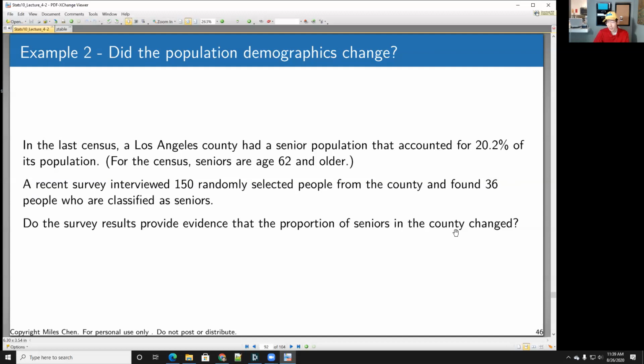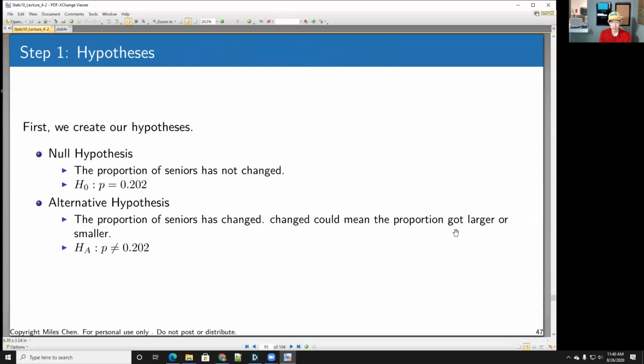We're just asking, did the proportion of seniors change? Did it change means it could have gotten bigger or smaller, and either of those results would be interesting to us. So we want to consider it being higher than 20.2% and also the possibility that the proportion got lower than 20.2%. To consider both of those, I'm going to use a not equal sign.